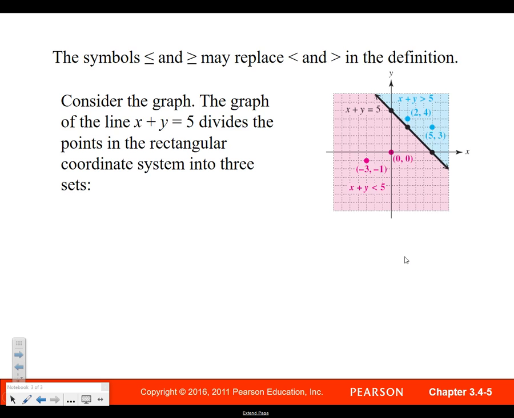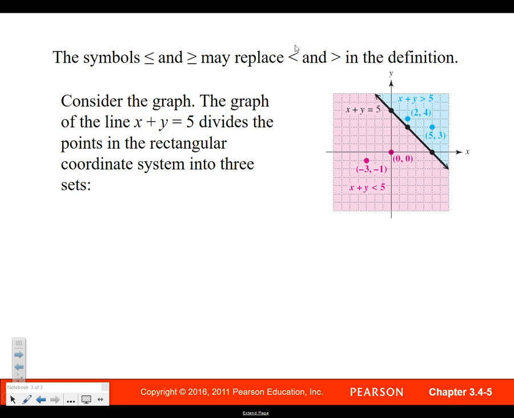The symbols less than or equal to, and greater than or equal to, remember, place less than or greater than in the definition. The difference between the two, when you graph your line, if it does have an equal to part to it, this line needs to be a solid line. That indicates to the reader that whatever's on that line is part of the solution.